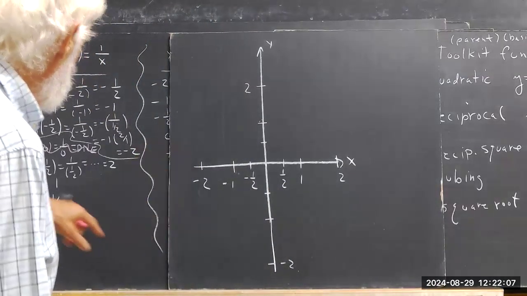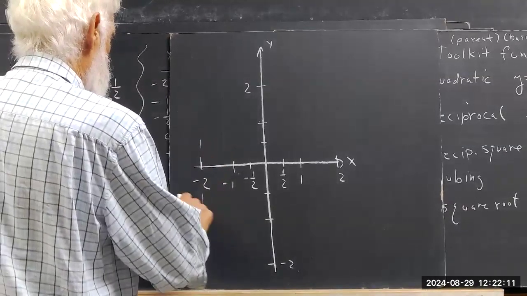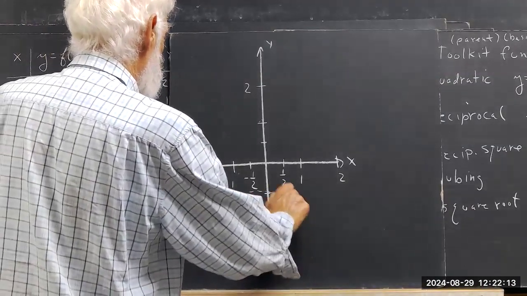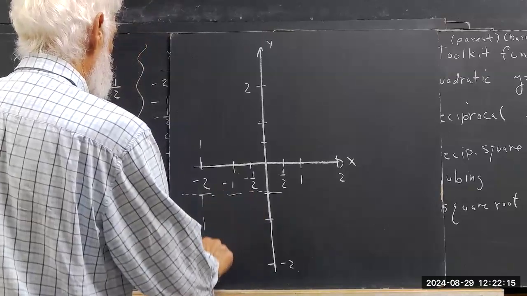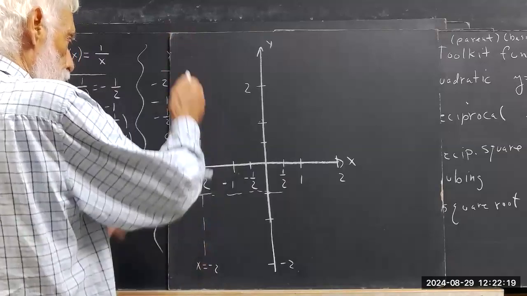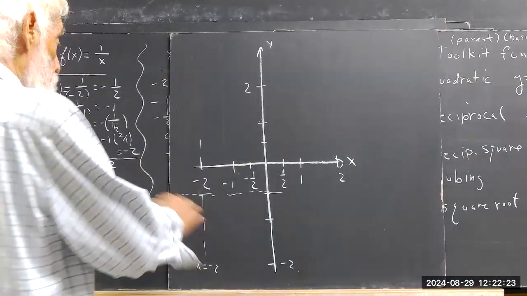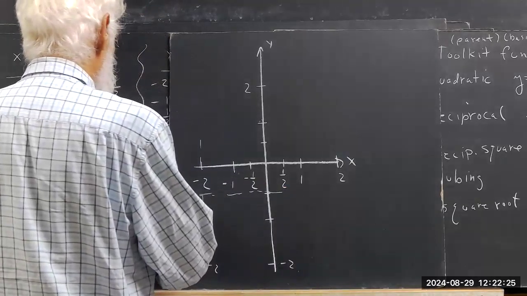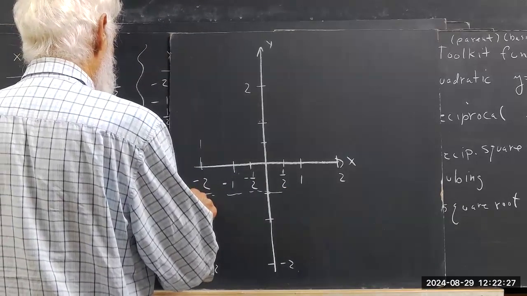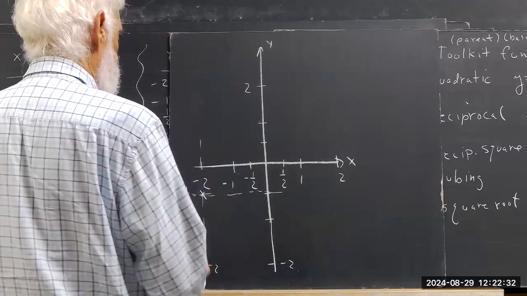Then x is -2, y is -1/2. This dotted line is for x equals -2. Every point on this line has an x coordinate of -2, right? And every point on this line has a y coordinate of -1/2. So there's my point.